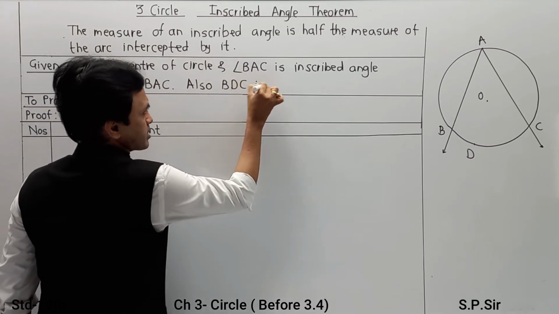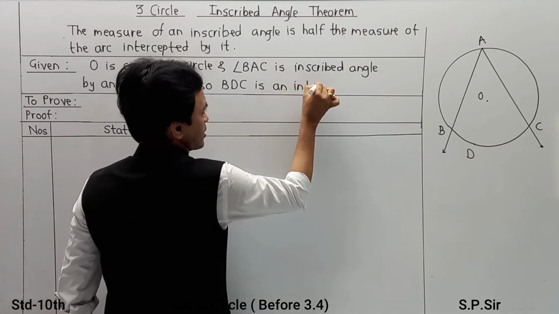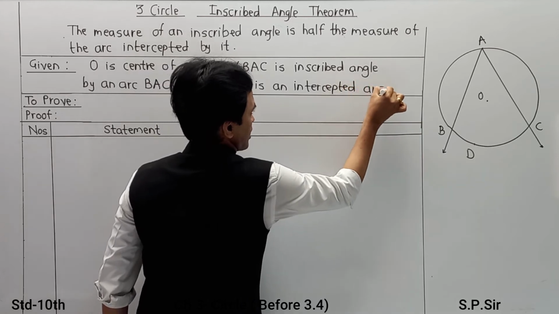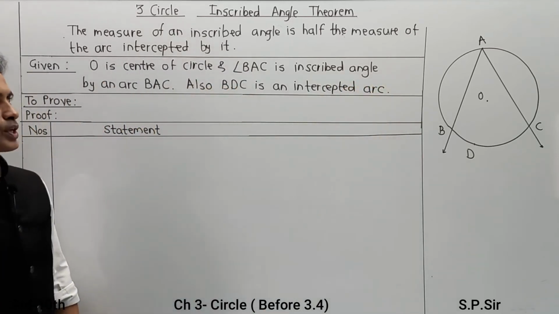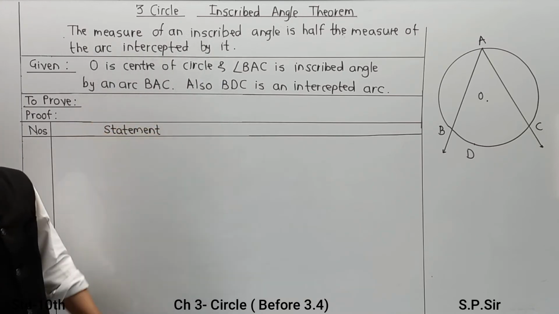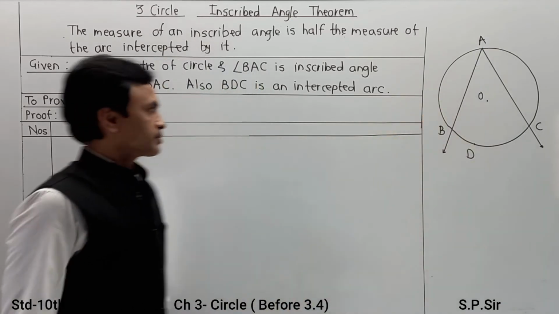BDC is an intercepted arc. Now this is the part of the given. Now we have to prove that the angle is half the measure of that intercepted arc. Means this angle BAC.